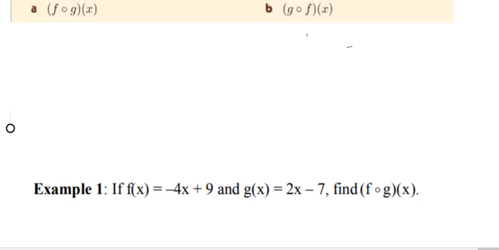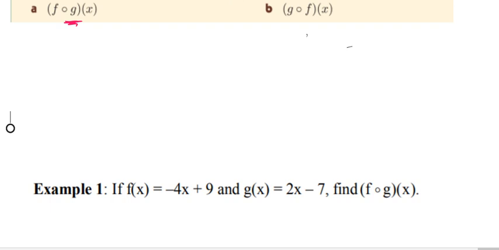So here, as we said in the first introduction, it is f of g of x. So what is inside? Inside is the g. I will start with the inside and I will put it into the outside.